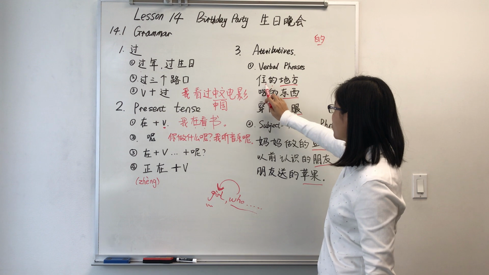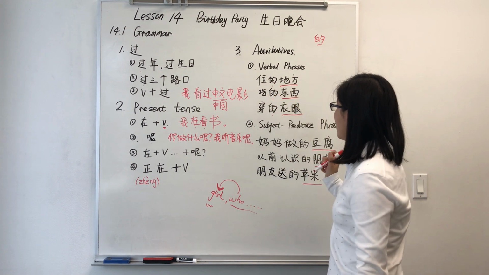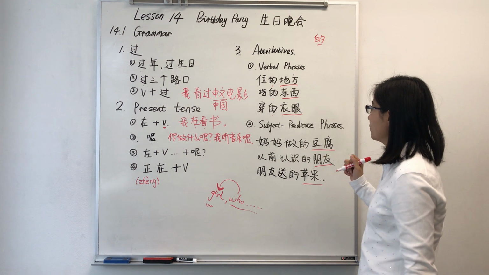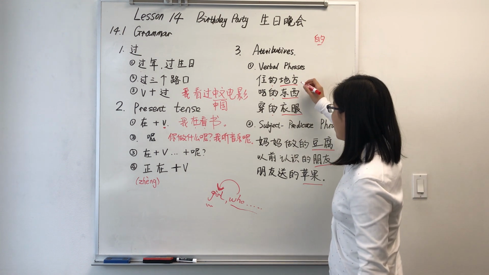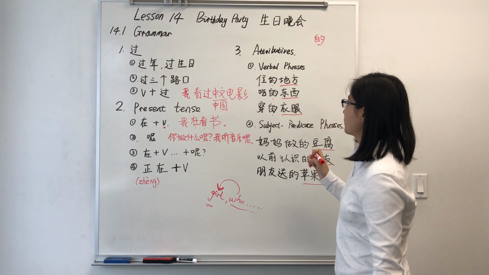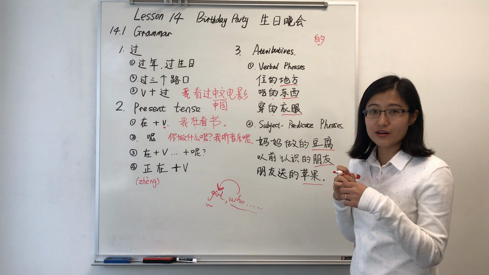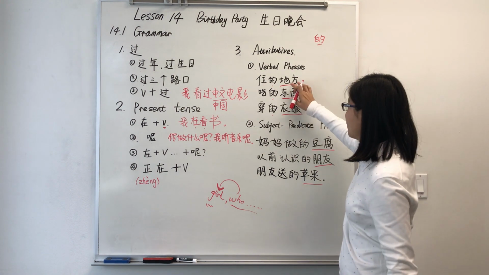For example, 住的地方, the place I'm living, or the place where I'm living. 地方住的, so it's the opposite order from English.